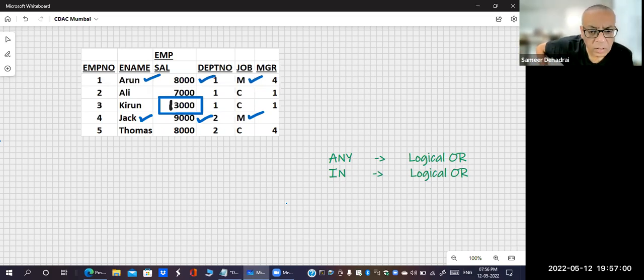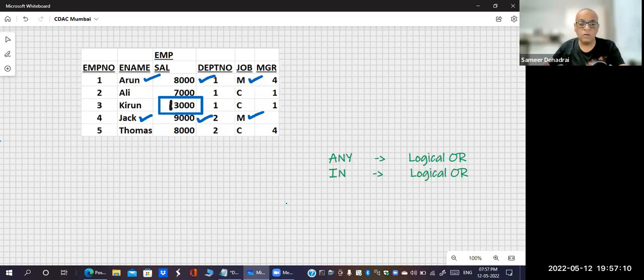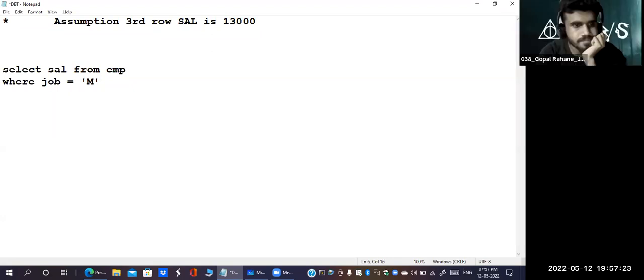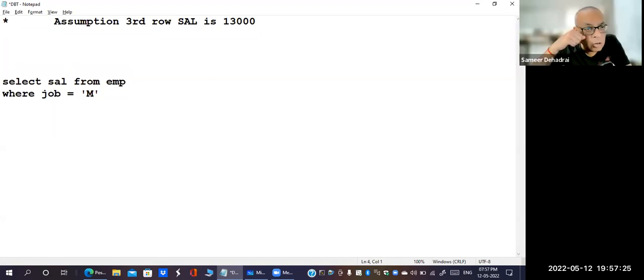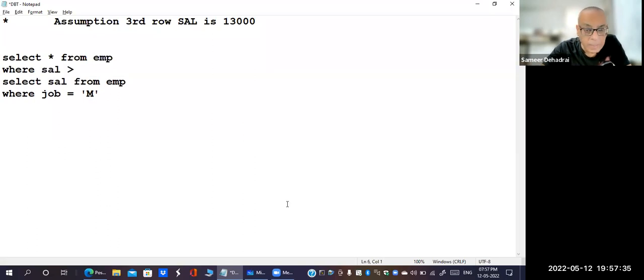How will you solve it, students? Firstly, you have to select the salary of the managers. Correct. First, you find out the salary of all your managers. So select sal from EMP where job equal to manager. Once you found out the salaries of all your managers, now you can say select star from EMP where sal is greater than subquery.